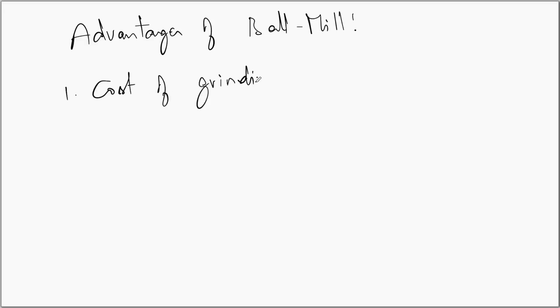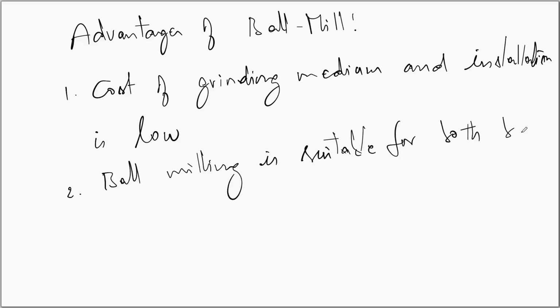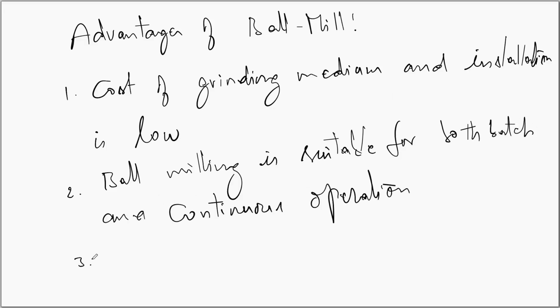Now we shall see the advantages of the ball mill. The first advantage is that the cost of installation and grinding medium is low, hence it is an inexpensive process. Ball milling is suitable for both batch and continuous operation. Thirdly, ball milling is suitable for both open and closed circuit grinding.